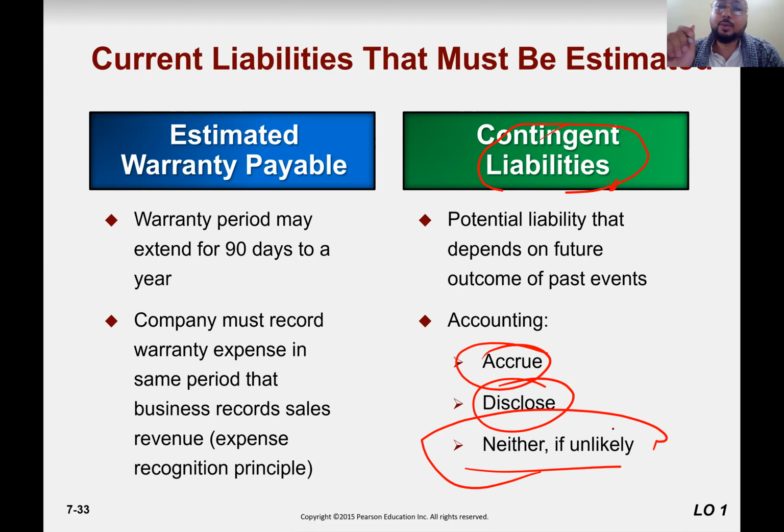So you do not write it on the balance sheet, you write it in the notes of the balance sheet. For example, if it is expected that there is a lawsuit against us, a case pending, and what if the other party wins, we have to pay this much amount to the other party. This is just a note.